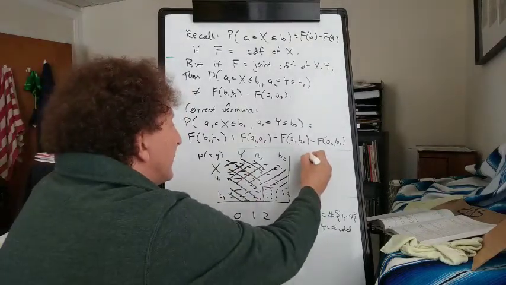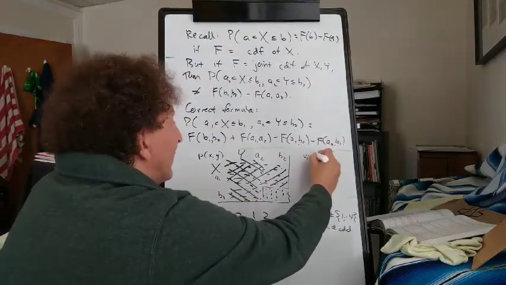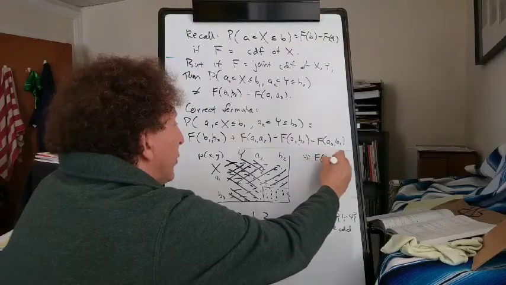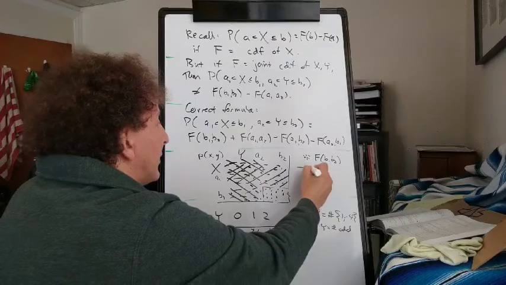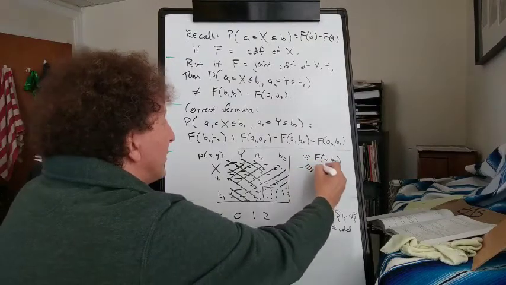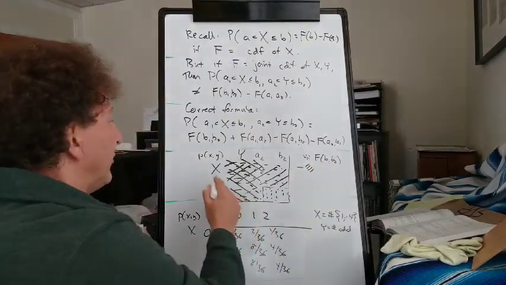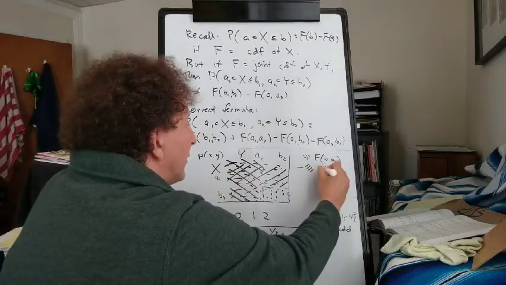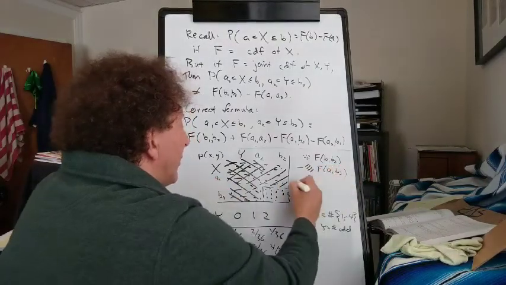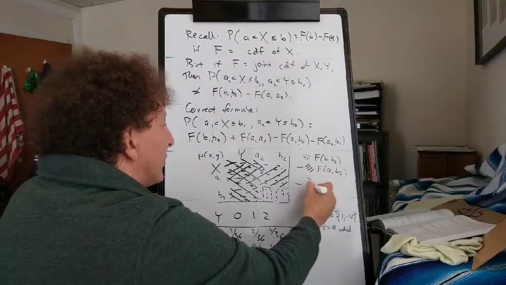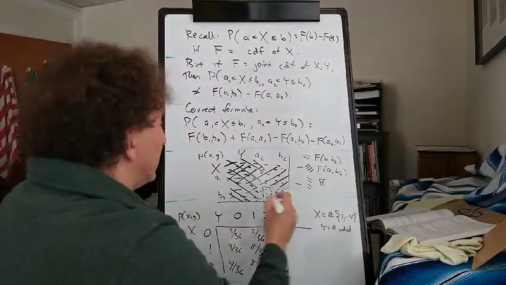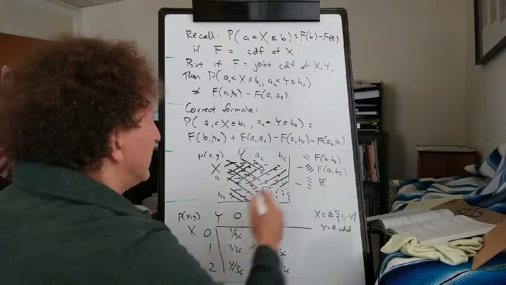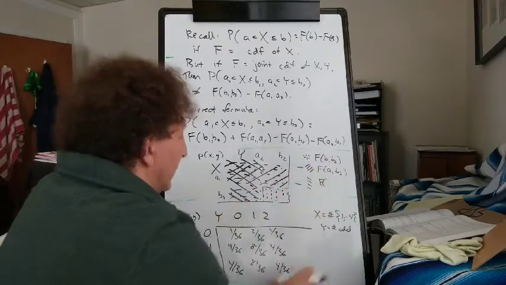So the dotted region is F of b1, b2 minus this region, which is F of a1, b2 minus this region, which is F of b1, a2. I put these in the wrong order.